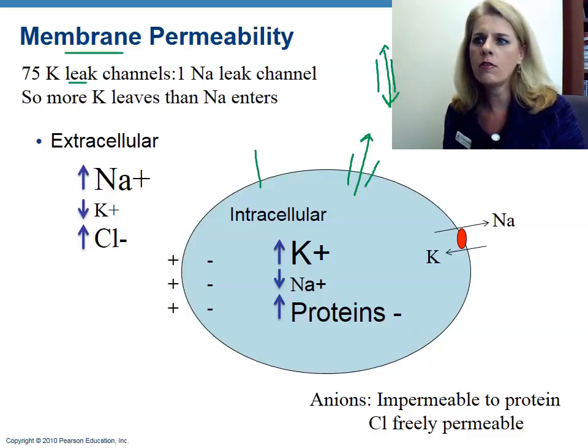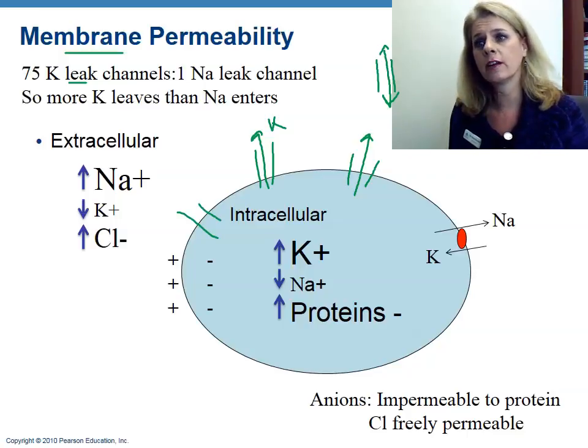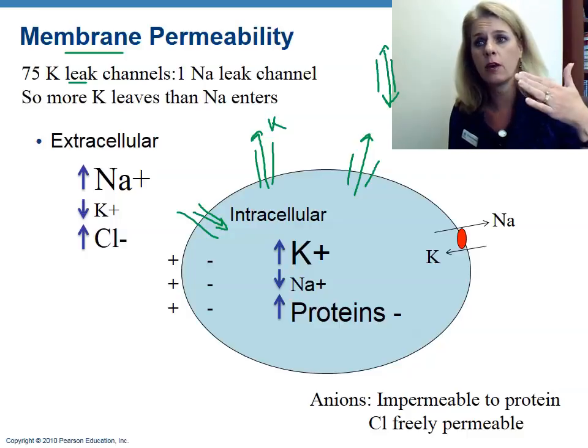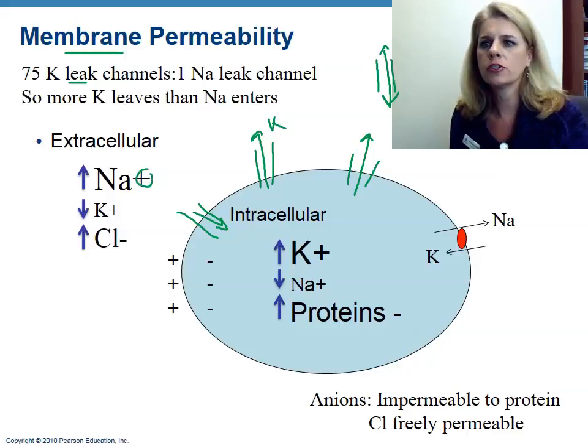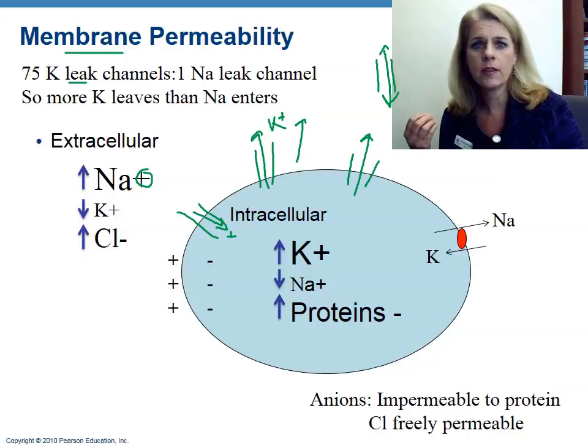So if you have all these leak channels for potassium and all this potassium is going out, so let's say 75 potassiums go out for every 1 leak channel that allows sodium to go in, because sodium would go from high to low, it would go inside the cell. Well, look at your charges. So if you have 75 pluses leaving the cell and only 1 sodium plus entering the cell, then you're going to become more negative on the inside.